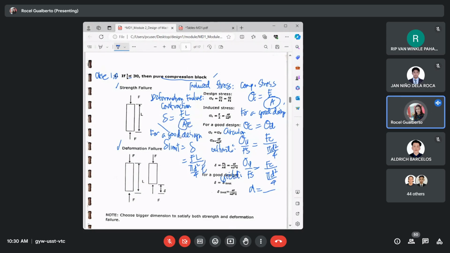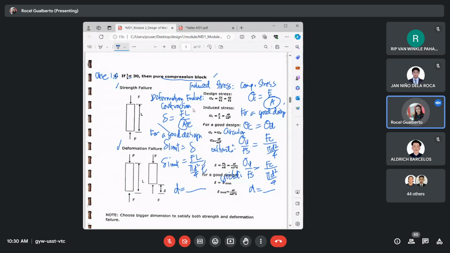Titingnan nyo po kung ano yung cross-section niya, then yung pong equation para sa area na gano'n, yan po ang sasubstitute natin dito. Equal to the allowable limit of deformation. Okay, so we can have here another answer. Okay, galing po sa deformation failure.